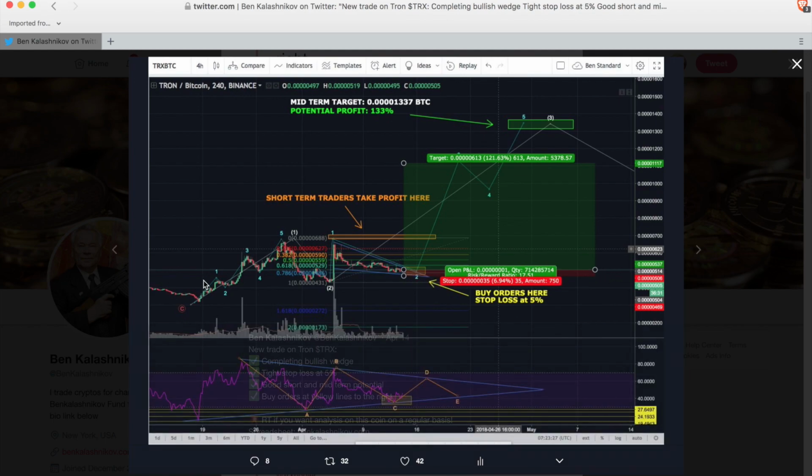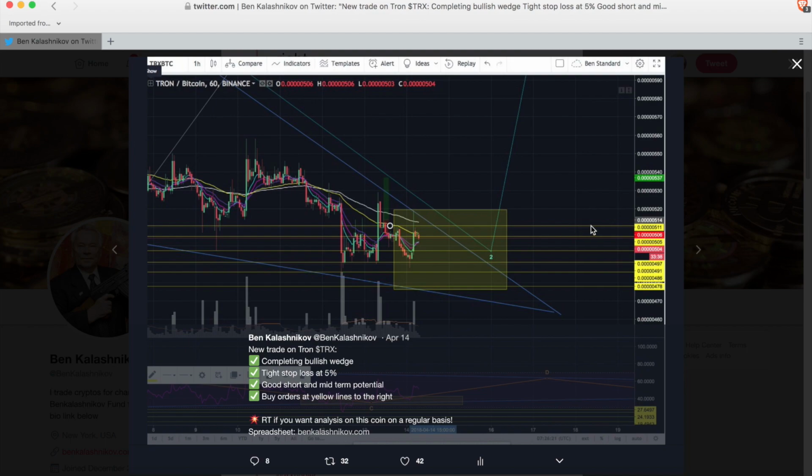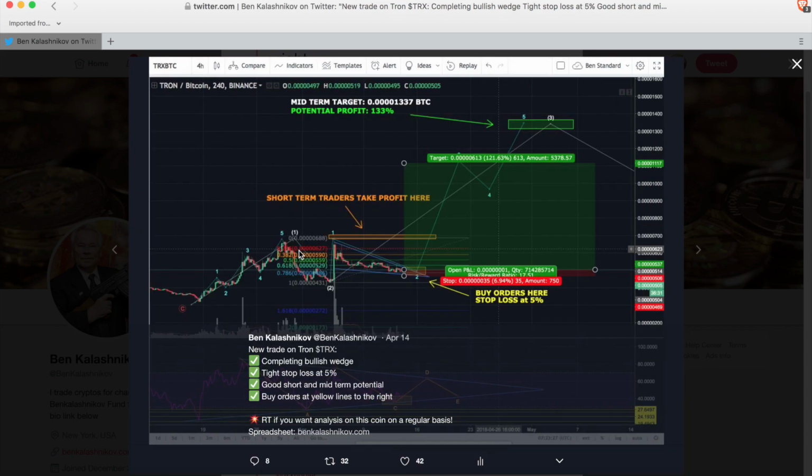I think I said something about putting in buy orders from 511 down to 478 satoshis, and set a tight stop loss. It was around April 14th.